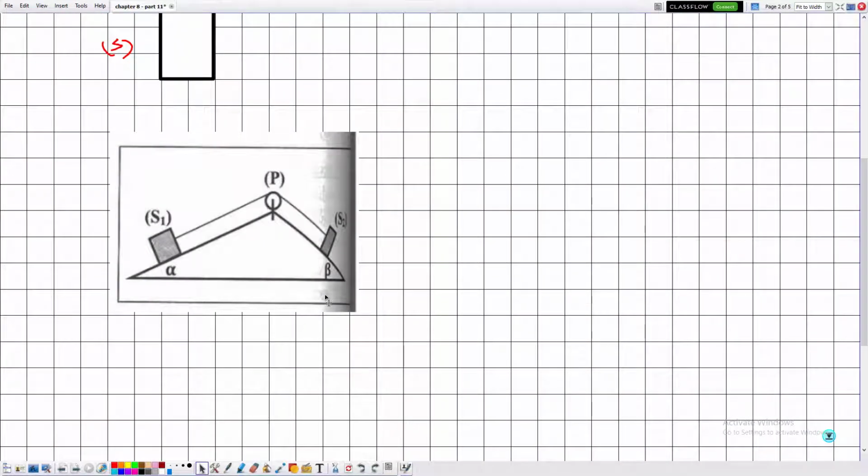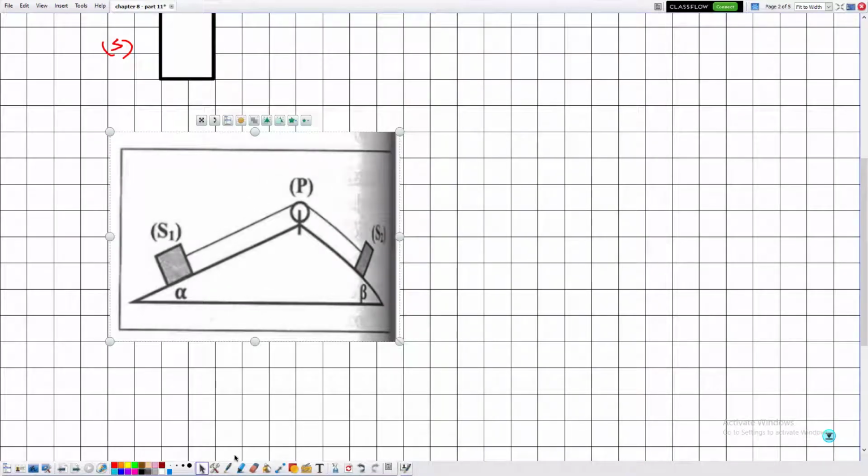So here in this one, we have several tensions. Let me label them. Now we are in note number 2. Let me say that this is the tension T1, and this is the tension T1 prime. And this is the tension T2, and this is the tension T2 prime.